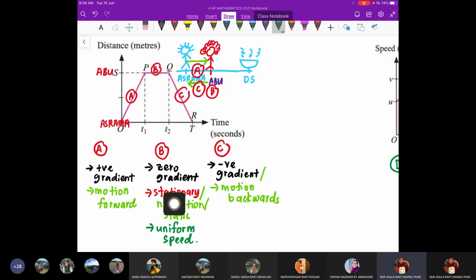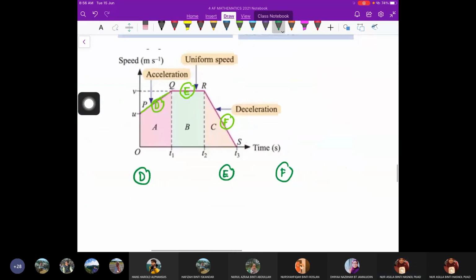Zero gradient. Tidak bergerak, tak ada gradient. So bila kat sini, speed kat sini ada. Ada speed iaitu nilai dia V. Dan dia masa dia berjalan. So maksudnya kat sini E, it is moving. Bukannya dia tak bergerak. Dia bergerak.